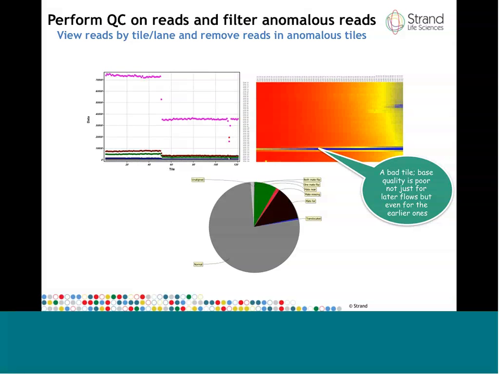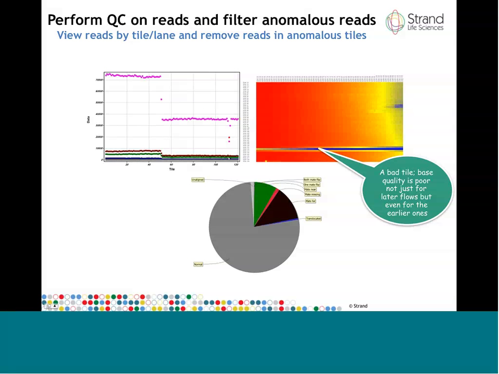So for instance, the 50th column would indicate the quality of the 50th base in all the reads. And for a particular tile, let's say the 10th row, and the 50th column represents the quality of the 50th bases in all of the reads generated from the 10th tile.